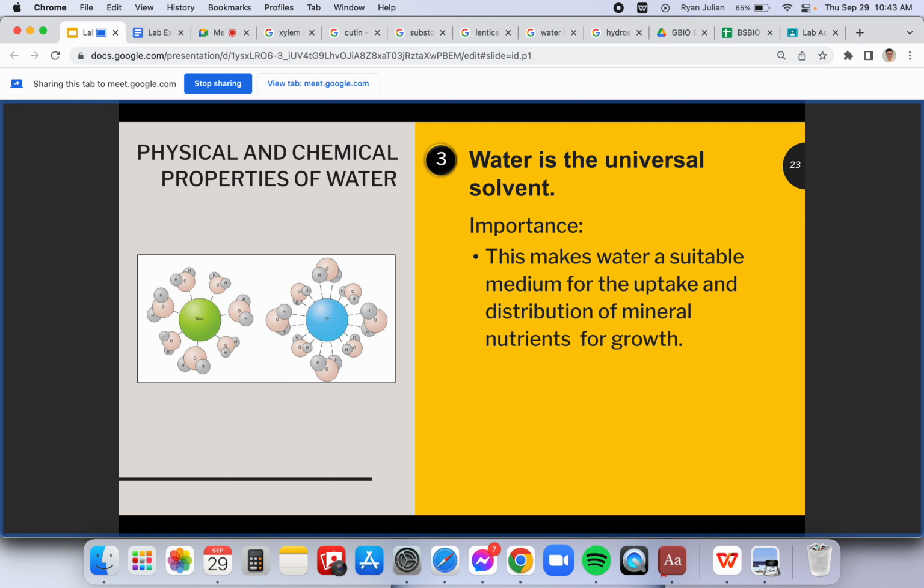Specifically, I'm referring to the growth of plants. It is very essential that water is utilized in cultivating your plants, because not only is water a universal solvent, it is also used to provide nutrients or energy for the growth and development of the plants that we see in our environment.